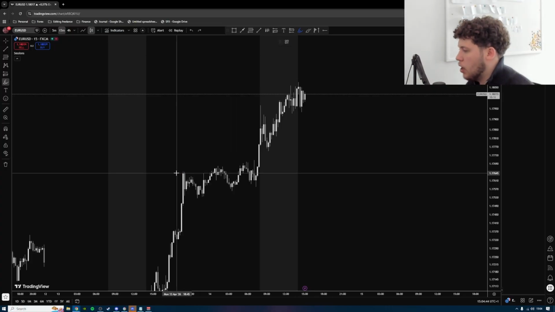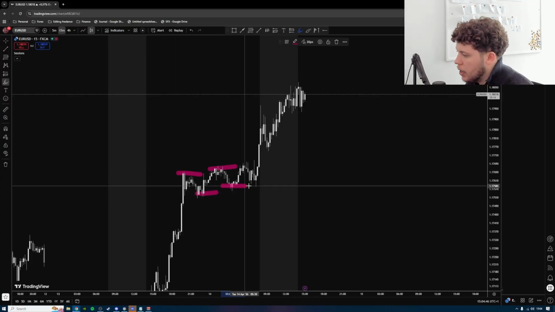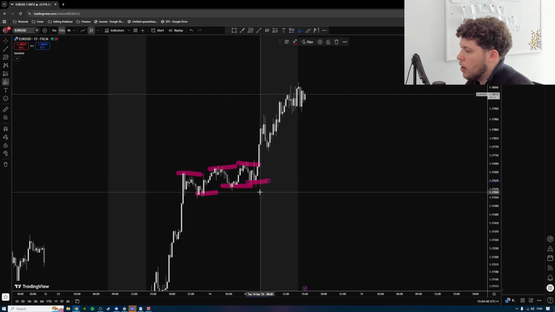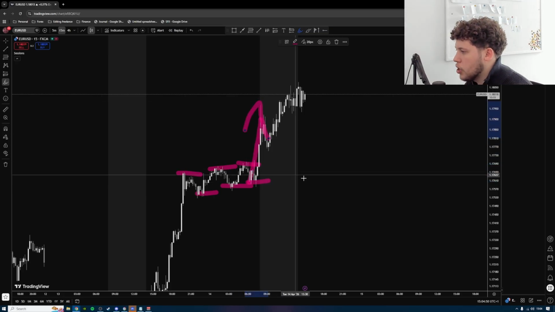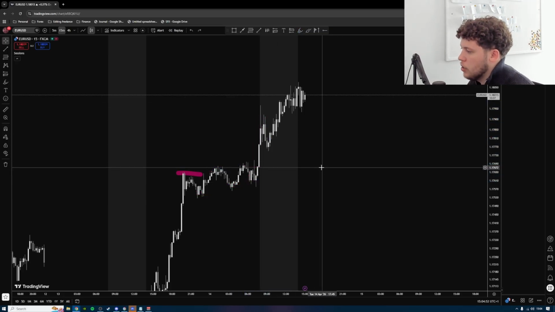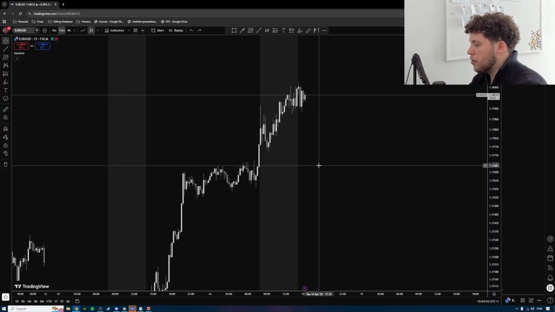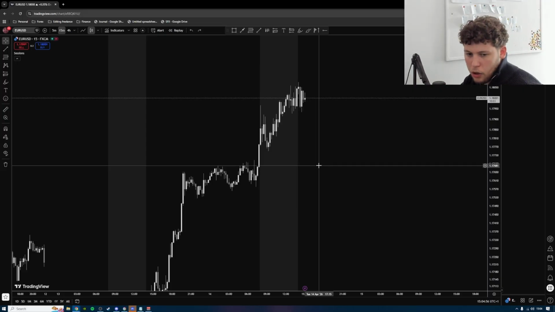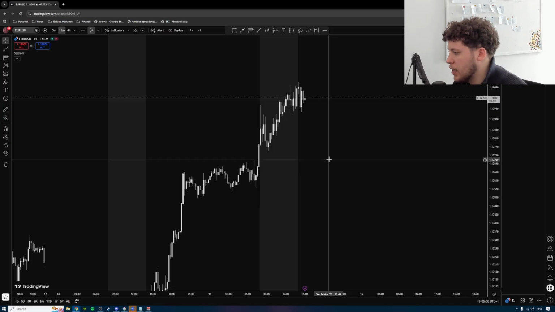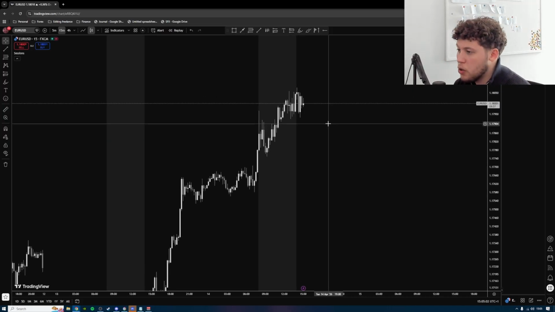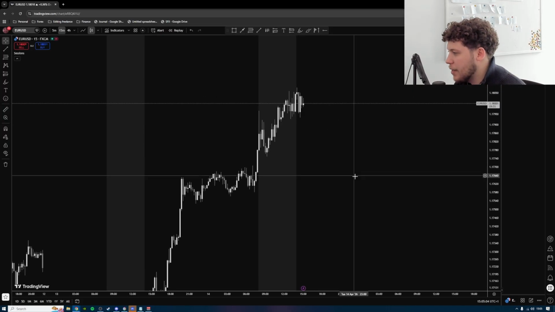So we have a high, a low, a higher high, a higher low, a higher high, a higher low, and then a big push up towards London session. So for me, when I'm seeing this, I'm obviously going to be wanting to get into buys here. That's the logical thing.